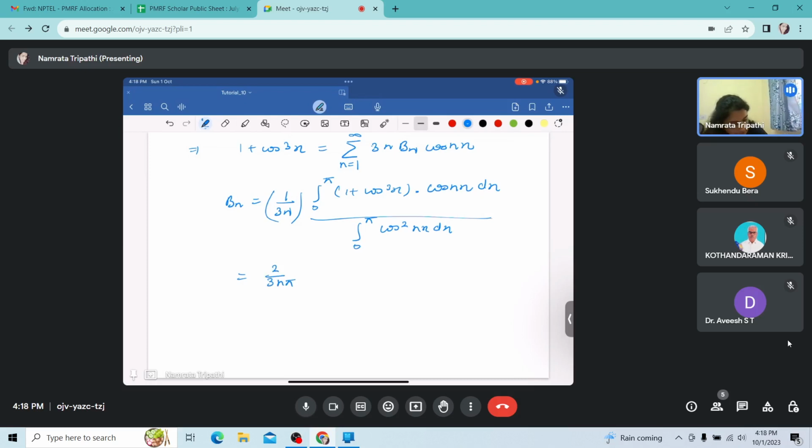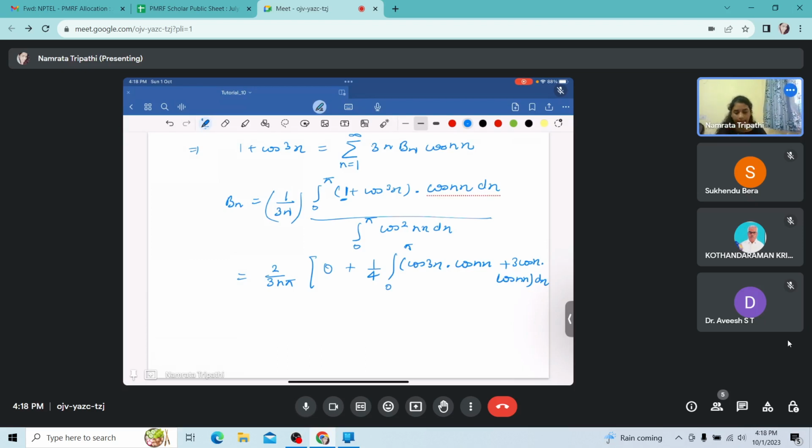The denominator will give pi by 2, and for the numerator, the integration of cos of nx is sin nx, and after putting pi and 0 you will get 0, and cos cube x can be written as 1 by 4 of cos of 3x plus 3 cos of x, multiplied with cos of nx dx.